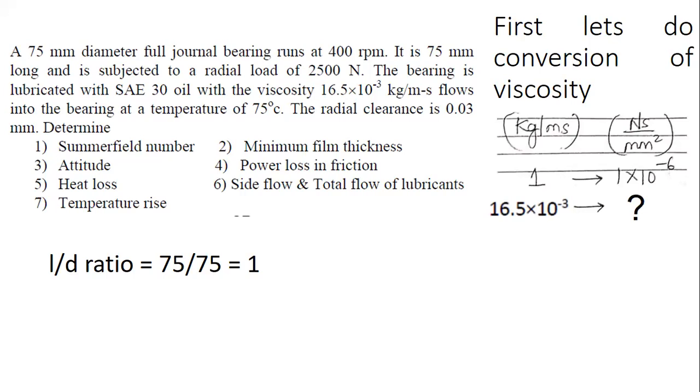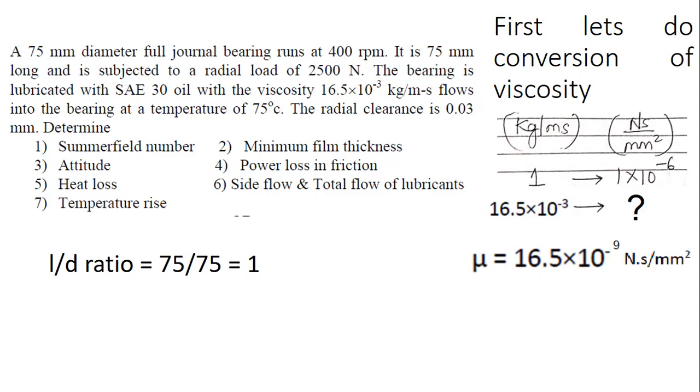How much kilogram per meter second is how much Newton second per mm square? Because like I said, in the Raimondi-Boyd method, you have to convert to Newton second per mm square. 1 kilogram per meter second is 1 into 10 raised to minus 6 Newton second per mm square. Then 16.5 into 10 raised to minus 3 is 16.5 into 10 raised to minus 9 Newton second per mm square.